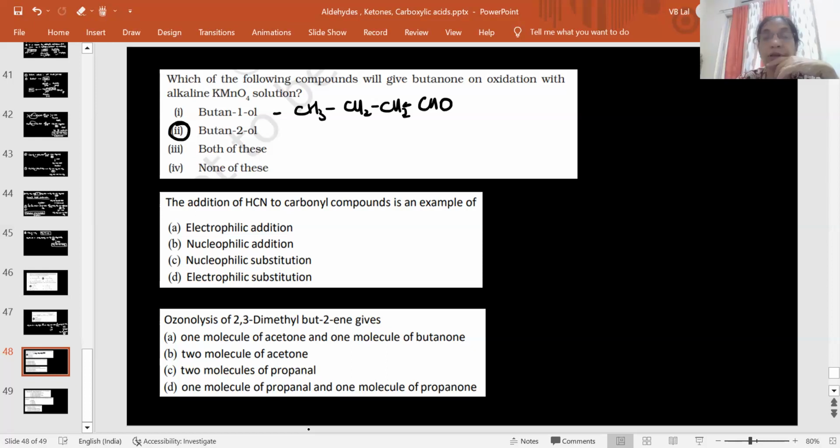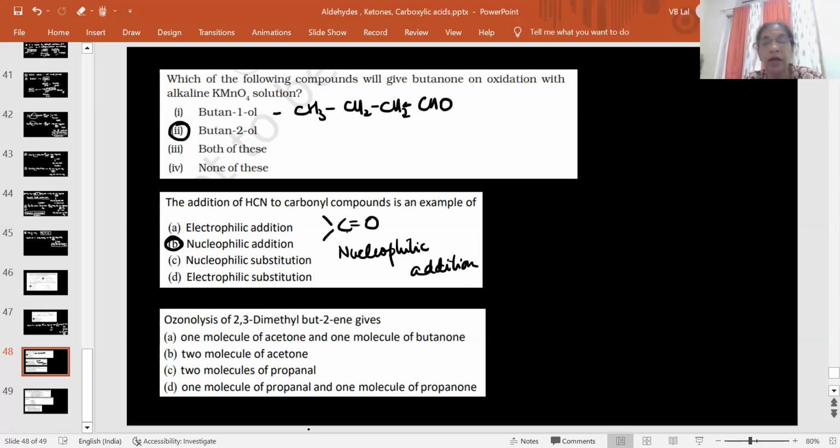See, what is a carbonyl compound, Vaishnavi? It has C double bond O, right? So when there is a reaction taking place across carbon and oxygen, the carbonyl group, what type of reaction can it be? It has to be nucleophilic, but what will it be? Nucleophilic addition. Not substitution, it is nucleophilic addition.